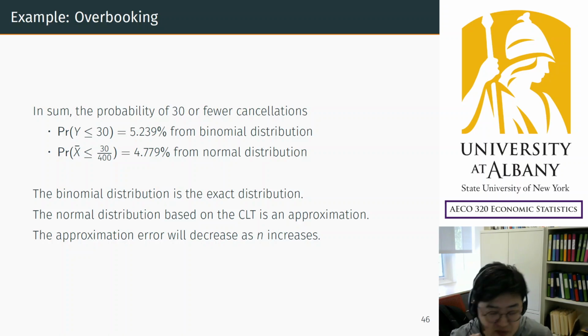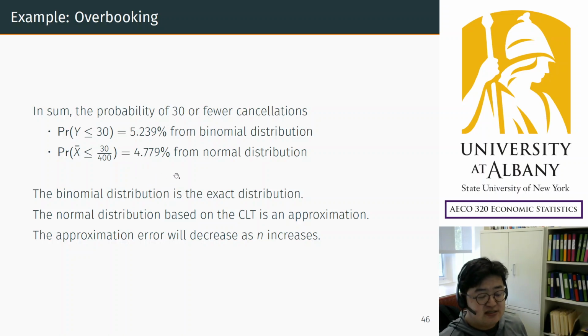So in other words, you may think like this. If you know the exact distribution, you don't need to use the central limit theorem. This is a special case where the exact probability is calculated without much difficulty. We know how to calculate that. But in many other examples, there is no way, nearly impossible, to calculate the exact probability. Then you can use the normal distribution approximation, but you have to understand that it is approximate, right?